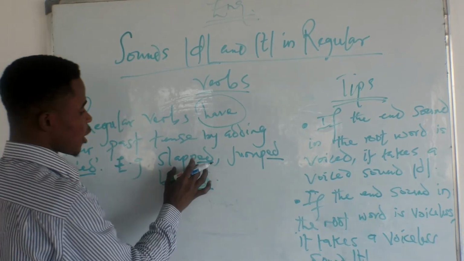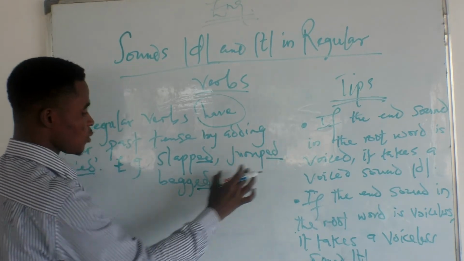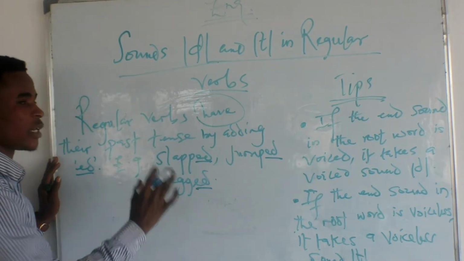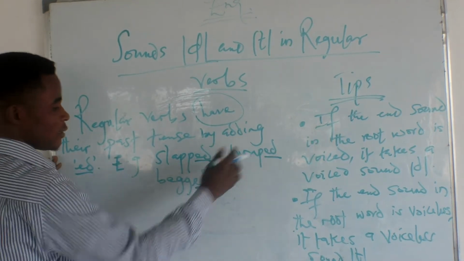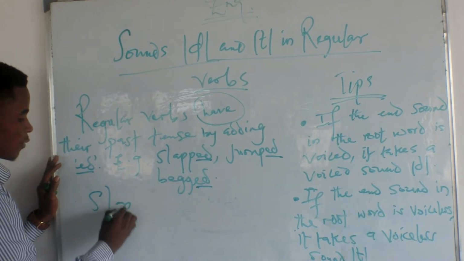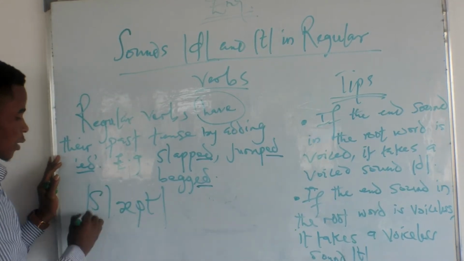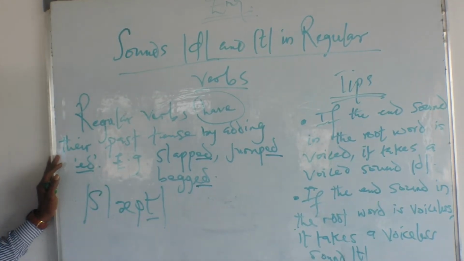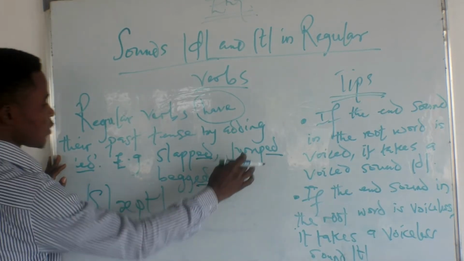If we want to transcribe these, we will generate different sounds at the end. For example, if I transcribe slapped, we have a sound at the end.